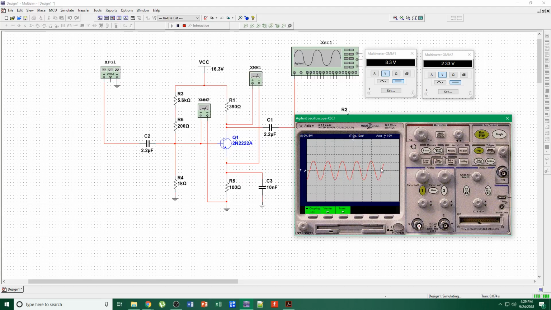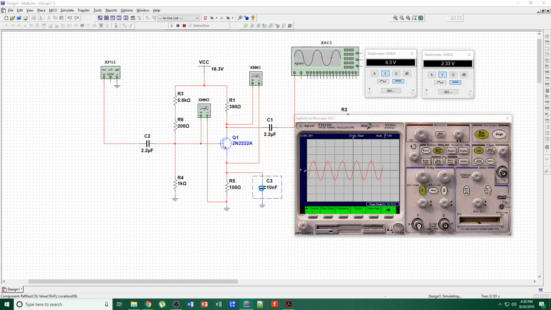At how much? 10 volts per division? It's barely doing anything. 12 volts peak to peak, which we need 18.